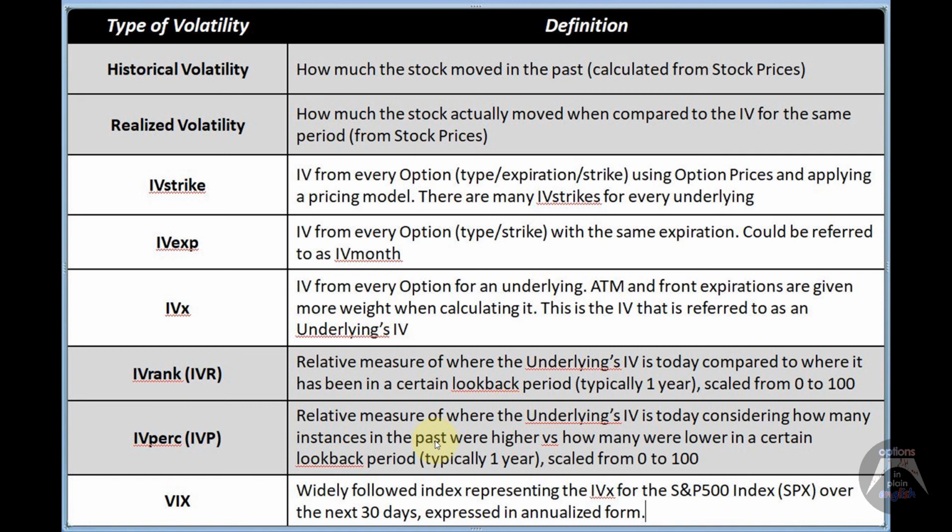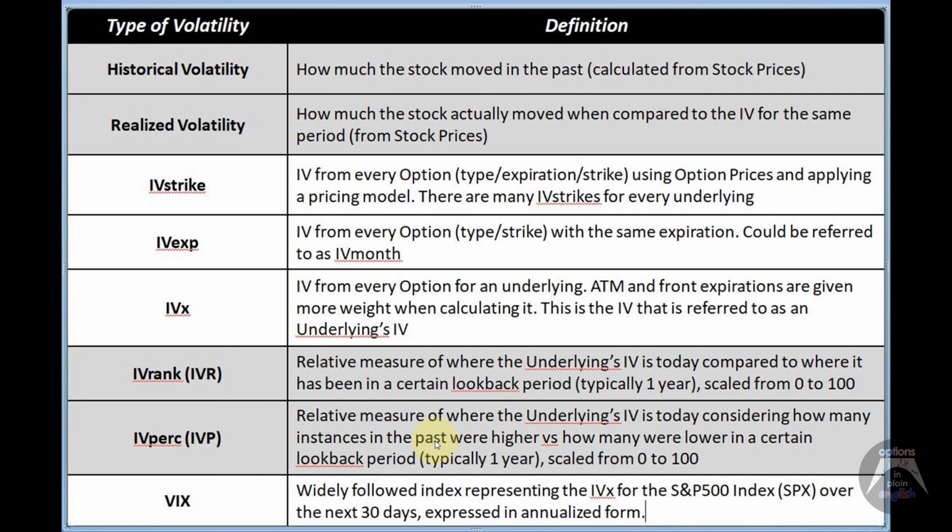So I hope this was informational, and that this gives you a better perspective and a better overall view of all the different types of volatility, what they are, what they measure, which ones are important, which ones are not very important. And now you have the tools to use these numbers and to determine what strategies benefit from this, and also when to put them on and when to take them off.